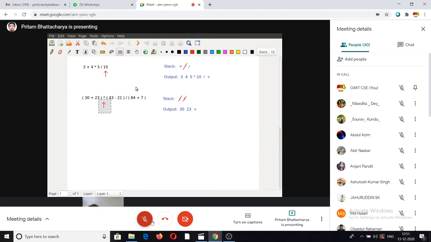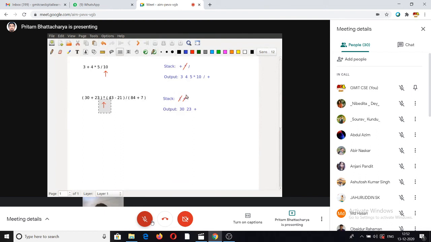Okay, now we have encountered star, which is an operator. When you encounter an operator and either the stack is empty, as is happening in this case, or the previous element is an open parenthesis, then you just blindly put it into the stack.